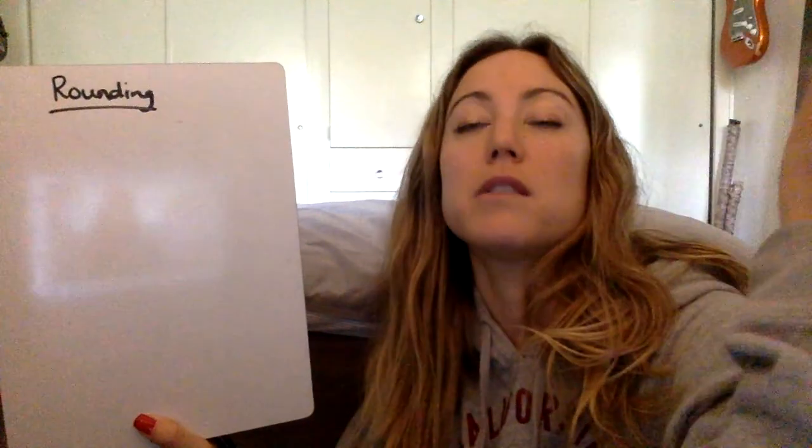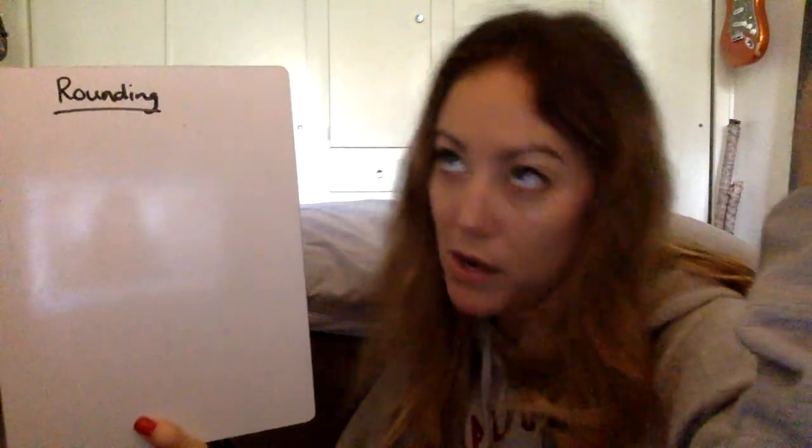Or to the nearest 100: 100, 200, 300, 400, 500, 600, and so on. To the nearest 1,000: 1,000, 2,000, 3,000, 4,000, 5,000. If we're rounding to the nearest 10,000, when you count by 10,000s, you would say 10,000, 20,000, 30,000, and so on.